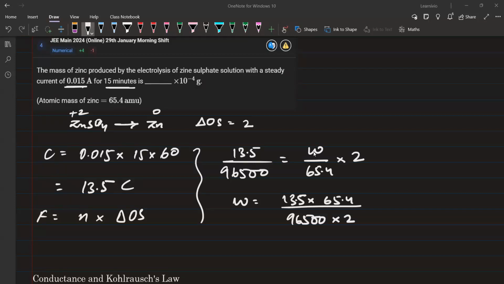It is coming as 45.7 into 10 to the power minus 2. So the nearest integer will be 46. So the answer will be 46.